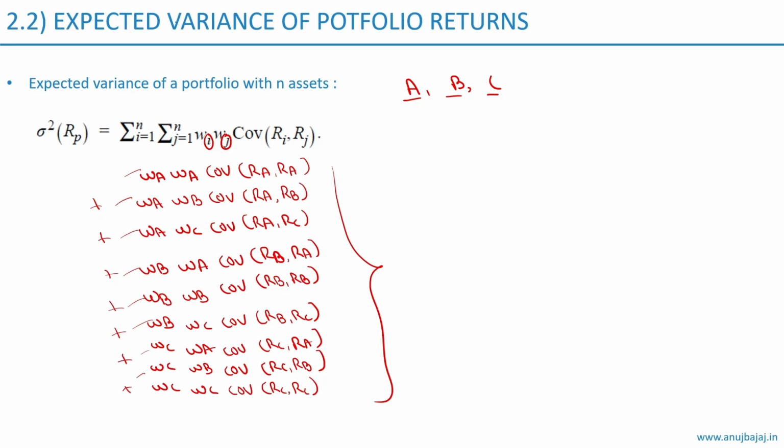This formula can further be summarized as this, where you take weight A squared multiplied by variance of asset A. So this is the term we summarized.